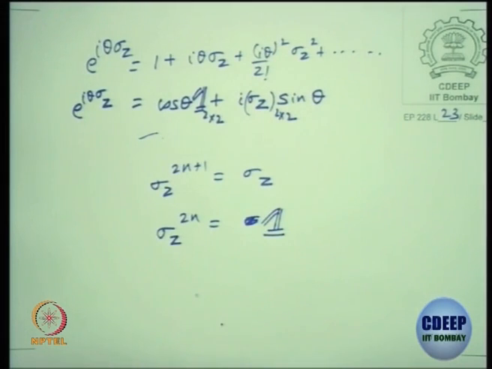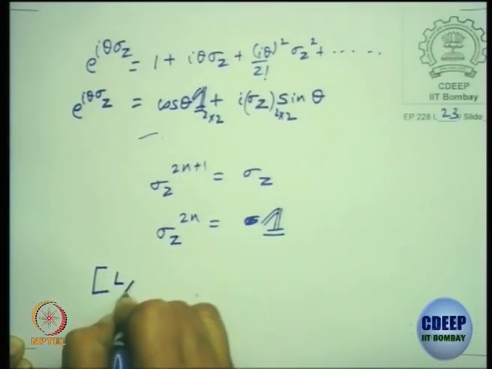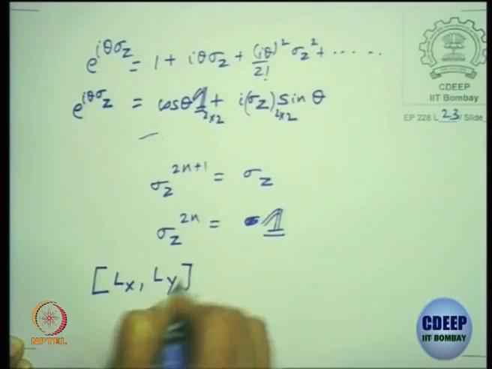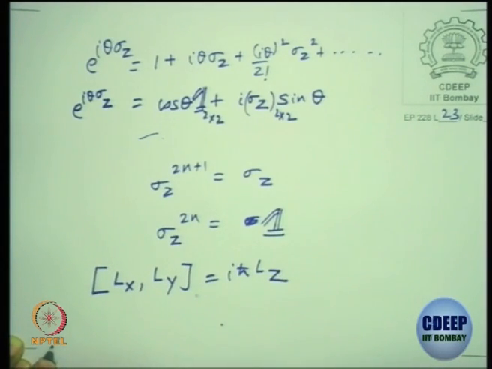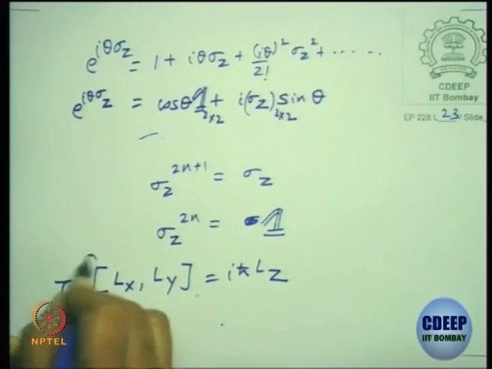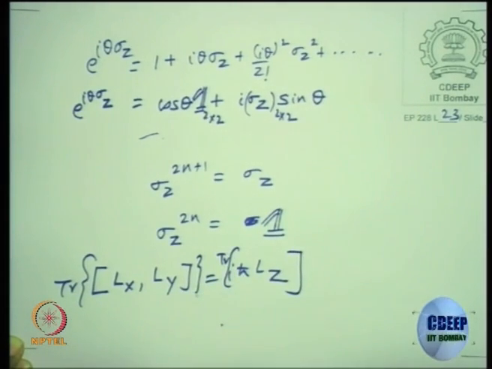We indirectly knew that it has to be a traceless matrix. How did we know that? Formally, for the orbital angular momentum, when I write the commutator of Lx and Ly to be i h cross Lz, if I take the trace, these are all finite dimensional linear vector spaces on which it acts.